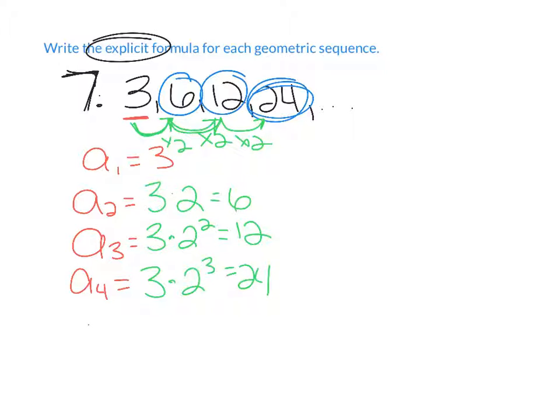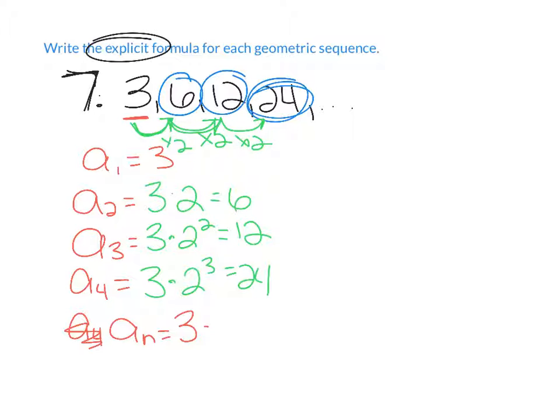So what I want to do is write a sub n. How do I find the value of any term in the sequence? Now, this sequence starts at 3. So if you notice, for every single one of these, they all have that 3 because the sequence starts at 3.